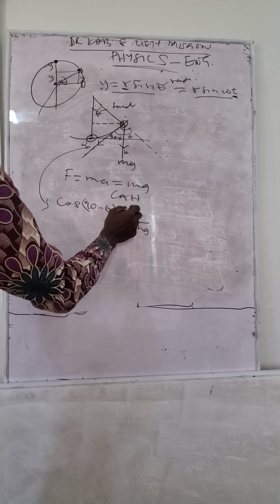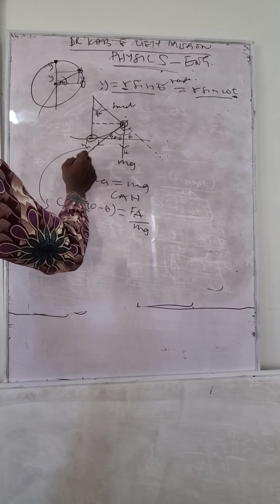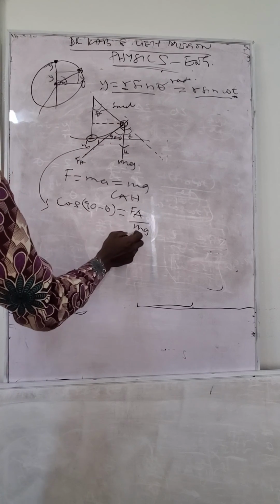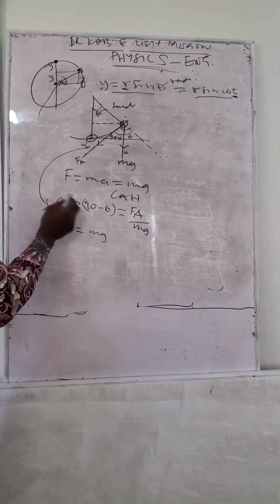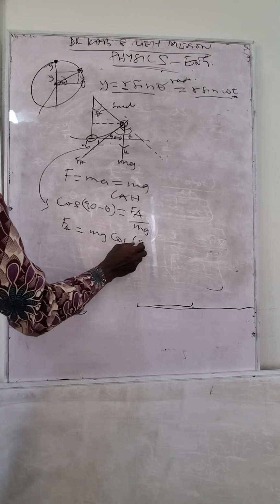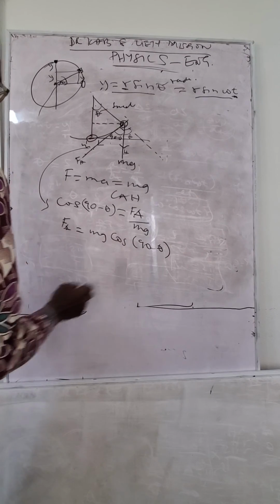So this will be the force here, let's call it Fa. So Fa is equal to mg times cos of 90 minus theta.